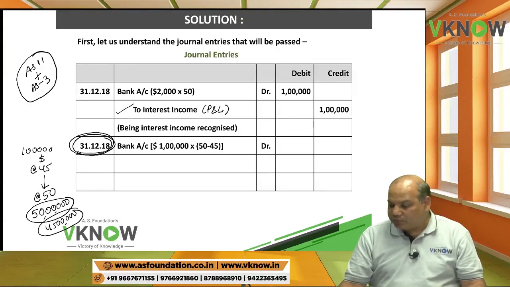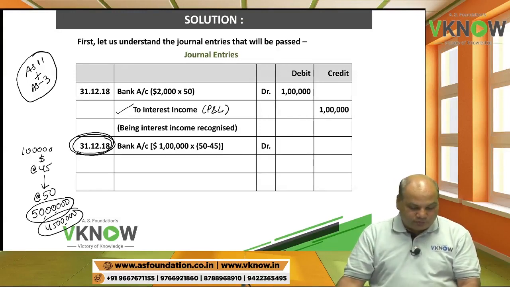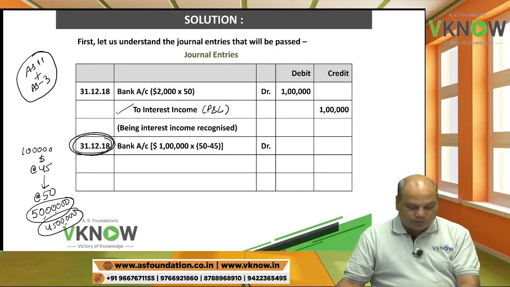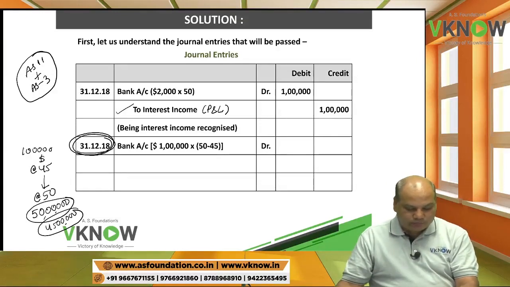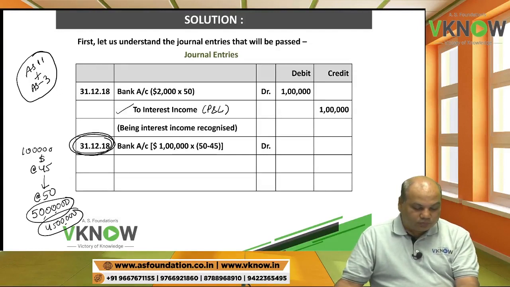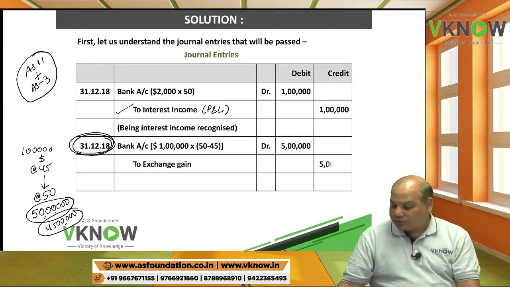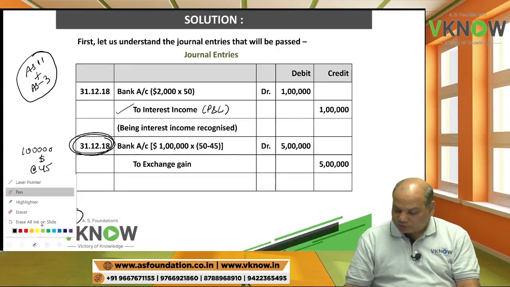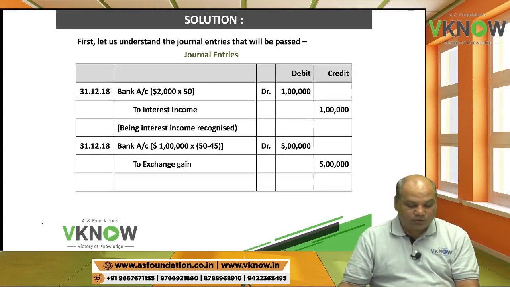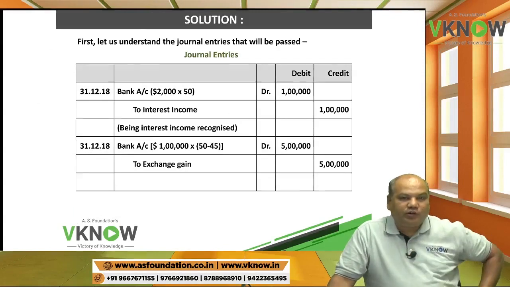Everybody please write down: 31/12/18 bank account debit 5 lakh, to exchange gain 5 lakh.